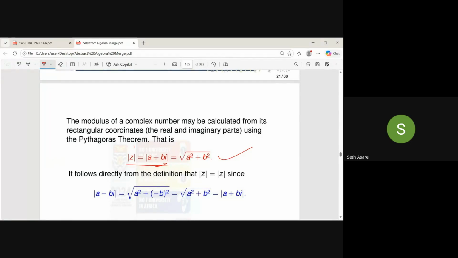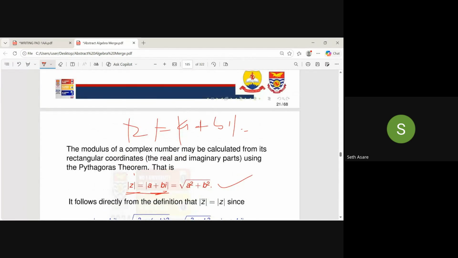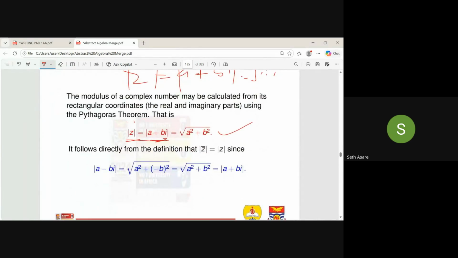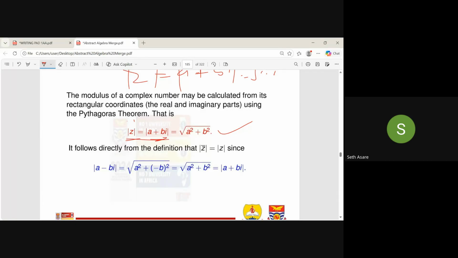So if I have this complex number a plus bi, and we want to know the modulus of this one, it is the same as the square root of a squared plus b squared. It also follows that the modulus of a complex number is equal to the modulus of its conjugate.